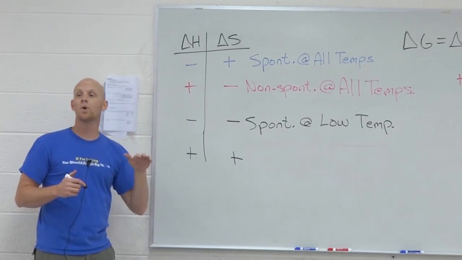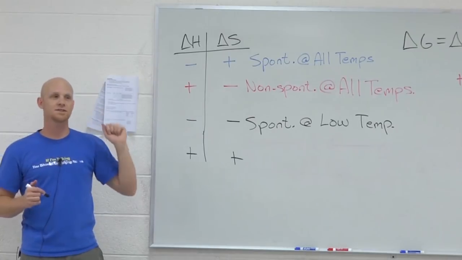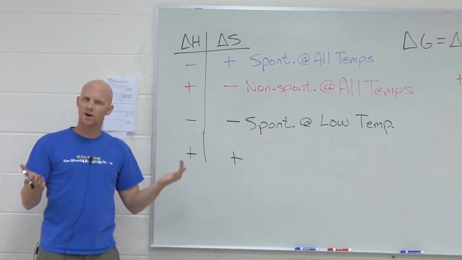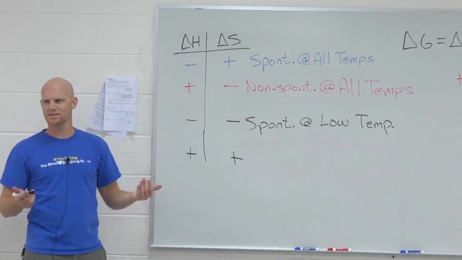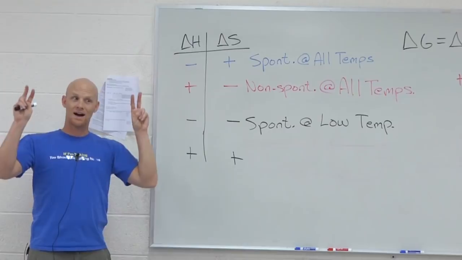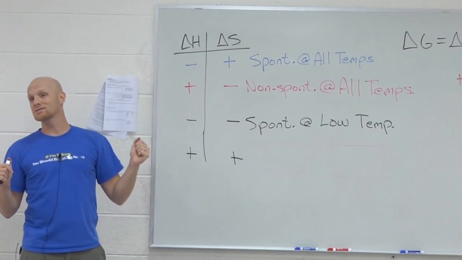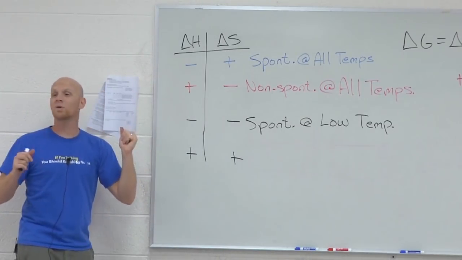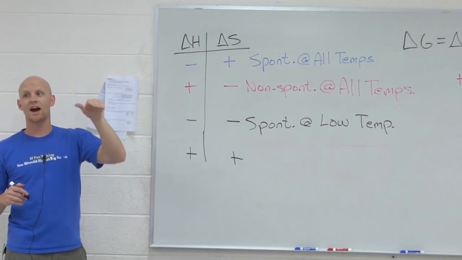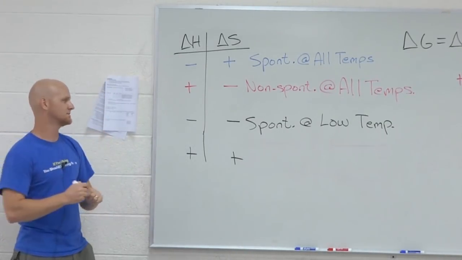Notice water's only going to boil above 100 degrees Celsius. Ice is only going to melt above 0 degrees Celsius. So when we call something high or low here, it's relative, because you wouldn't probably consider 0 degrees Celsius a high temperature, but ice does. It's not what you think, it's what ice thinks when we're talking about melting ice. Anything higher than 0 degrees Celsius is high enough to melt it.